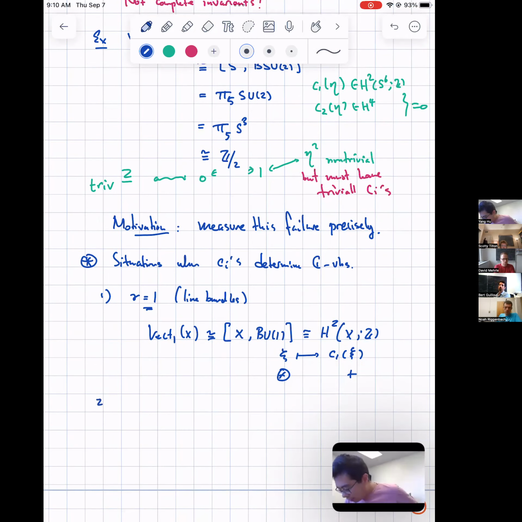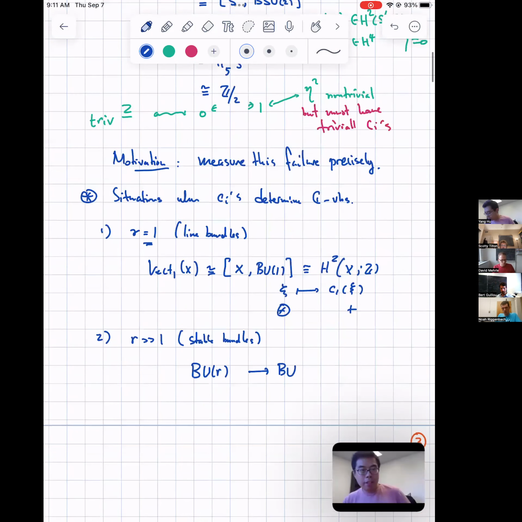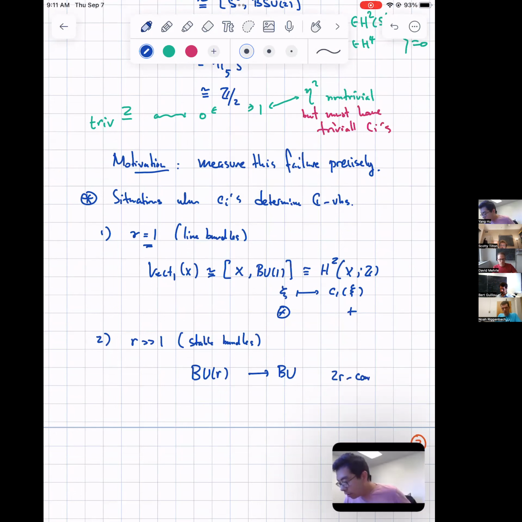And another extreme is when the rank of the bundle is super large. In that case, we end up analyzing stable bundles. So if we think about the map from BU(R) to BU, the standard inclusion, this map has a connectivity, right? This is 2R-connected. So what this means is that if the space X we map in has dimension no greater than 2R, then mapping to BU(R) and mapping to BU makes no difference.